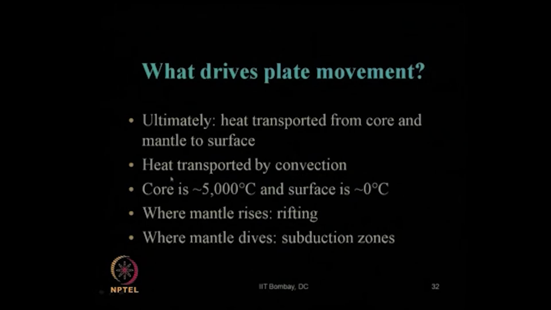So, heat convection theory is valid in this case, what we learned in our high school physics course, that heat convection is responsible for transporting the heat from the earth's interior core to the surface.